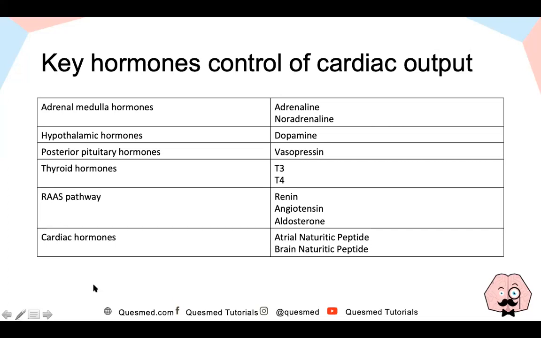And then we've got our cardiac hormones, atrial natriuretic peptide and brain natriuretic peptide, so that's your ANP and BNP. All of these top ones are involved in increasing blood pressure, some of them increasing heart rate as well, whereas the cardiac hormones, these two at the bottom, are involved in reducing blood pressure and reducing cardiac output.